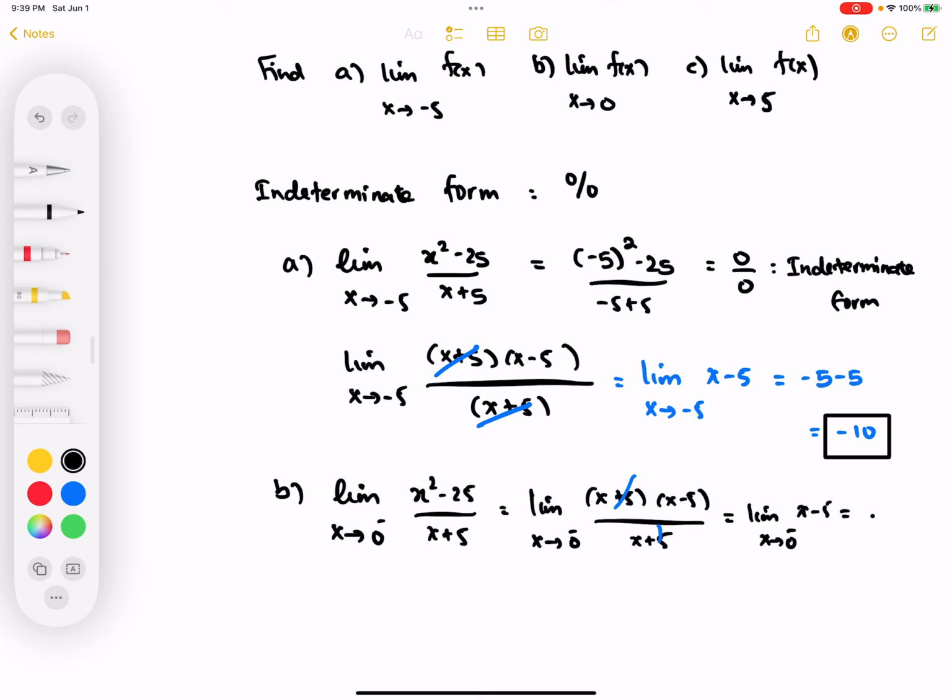When you substitute 0, it is negative 5, right?